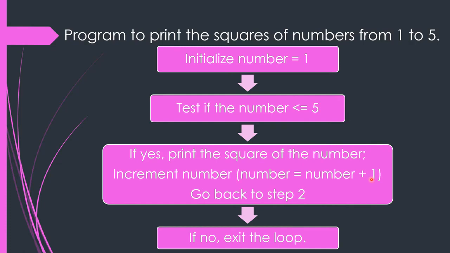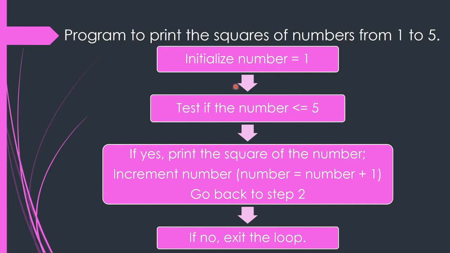In looping we also have to move forward. After finishing a particular iteration, the loop has to return back to the first step. For that, a statement is also provided, and here the statement is increment number, number equal number plus 1, which means we have to increase the number's value by 1. Now we will go back to step 2.